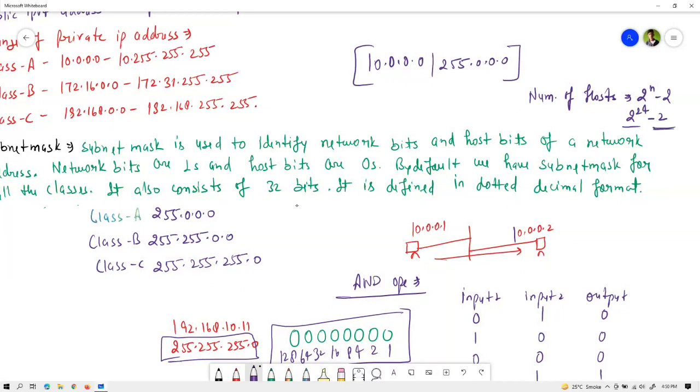If I talk about a class B network address, let's say I am writing a network address with subnet mask 255.255.0.0. See what this subnet mask is defining. It is defining that if you want to write any other IP address or host address which belongs to this network address, you don't need to change these 2 octets.